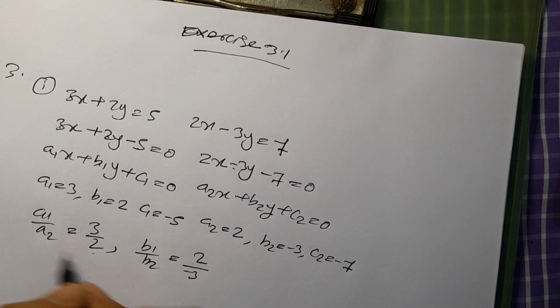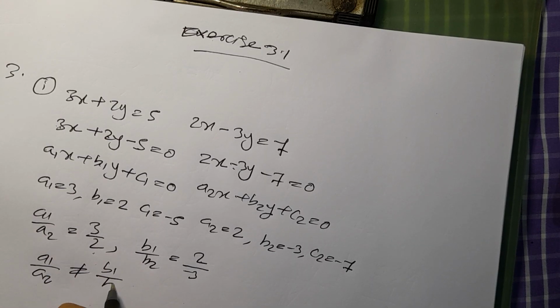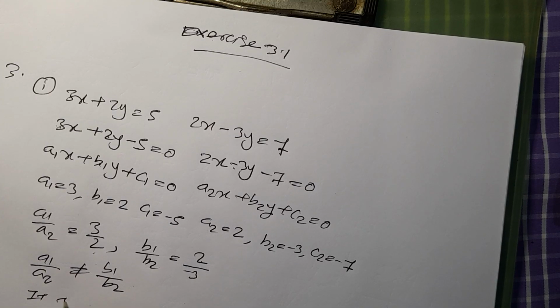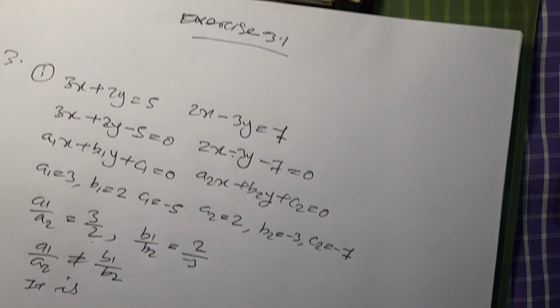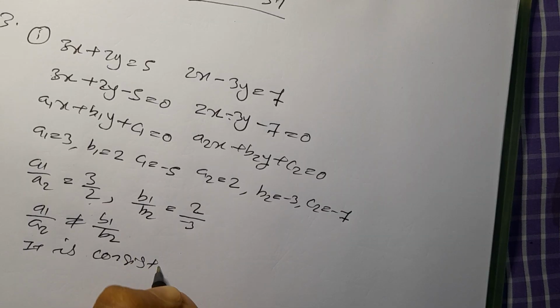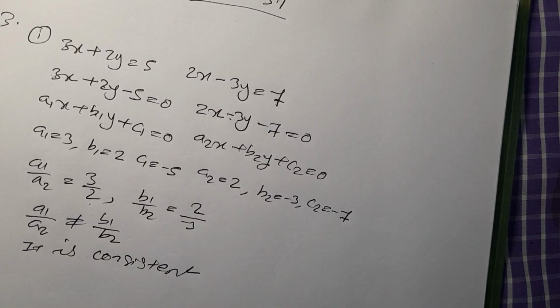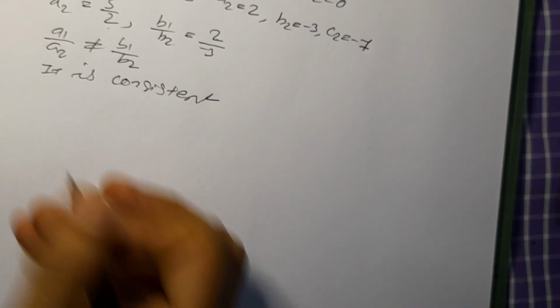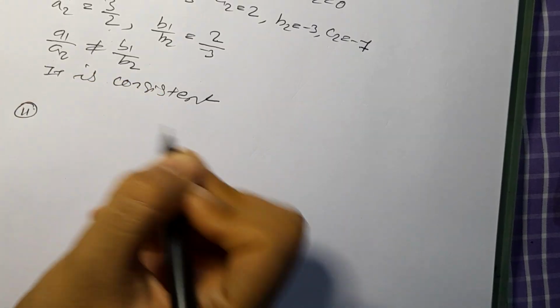So a1 by a2 does not equal b1 by b2. Whenever it does not equal, the lines intersect, so it is consistent. Now come to the second question, Roman number 2.